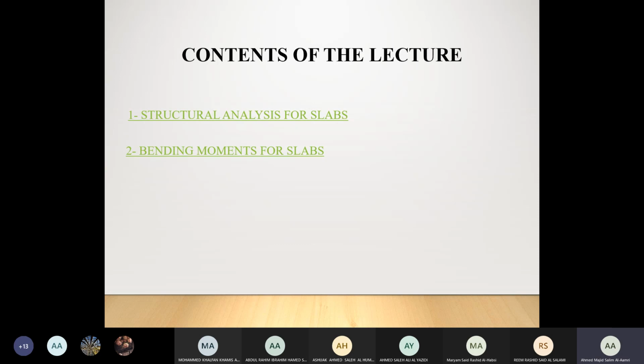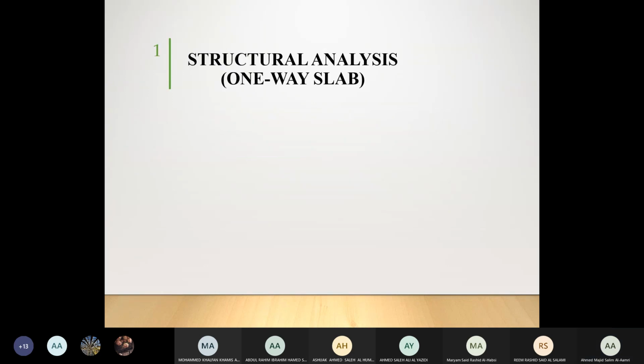You already have an equation, which is As equals M divided by 0.95 Fy times Z. So if you get your M value, you will be able to determine the quantity of reinforcement required. The most important thing is that you need to know how much is the internal force, and accordingly you will design how much reinforcement is required to resist this particular bending moment.